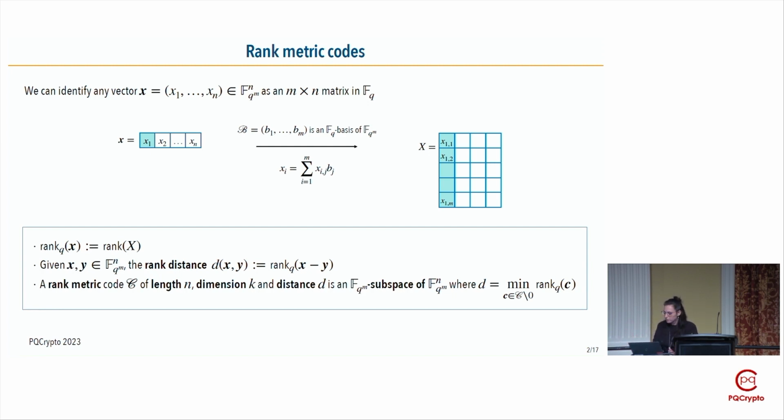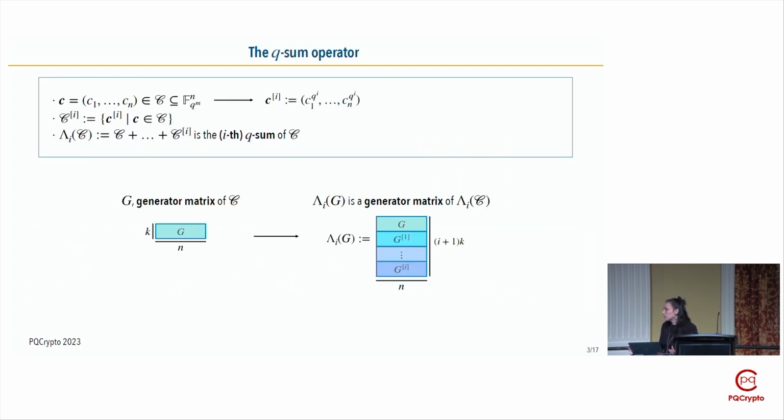So in this talk, I'll talk a lot about the q-sum operator, which will be central for Overbeck's attack. So basically, we consider codewords of a rank metric code, and we denote c^{q^i} the codeword obtained by just applying the Frobenius operator to all the components of the codeword. So in this way, we get codewords of the code C^{q^i}.